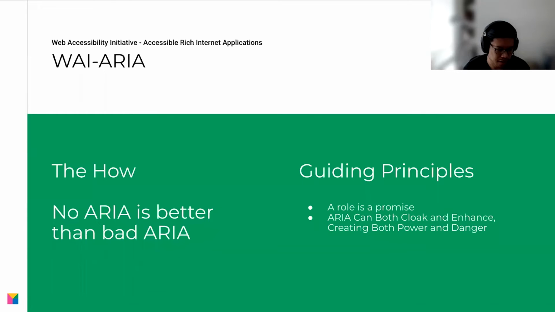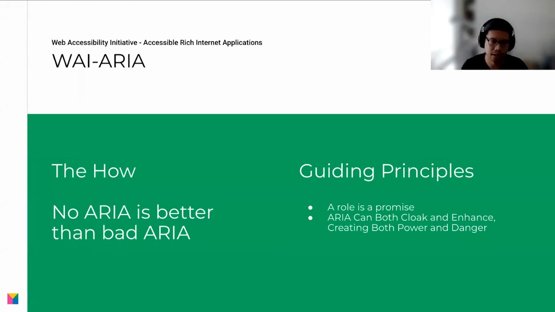So if you are declaring a div to be a button, then you should be fulfilling the promise that this div is going to interact and behave exactly like a button in terms of keyboard interaction, in terms of how it operates, in terms of all the things. So think about what you're promising to your user as you construct your DOM and website.